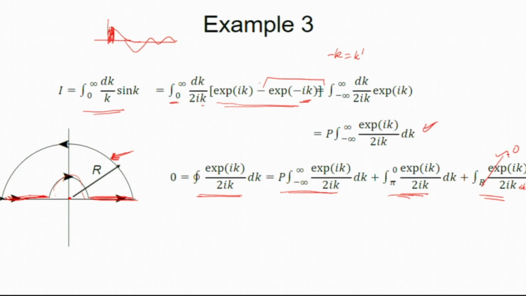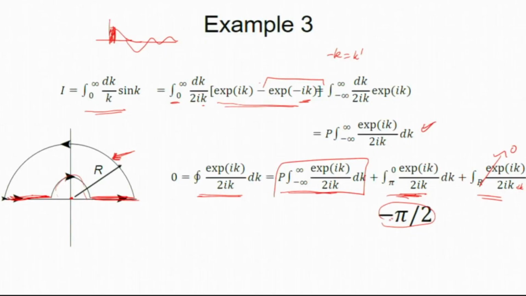So, the whole integral is 0, that means the principal value must be nothing but the negative of this, correct. That is what we want. For this integral, I do exactly what I did before in the last slide: use k equal to delta e to the power i theta. This integral is minus pi by 2. Why minus?